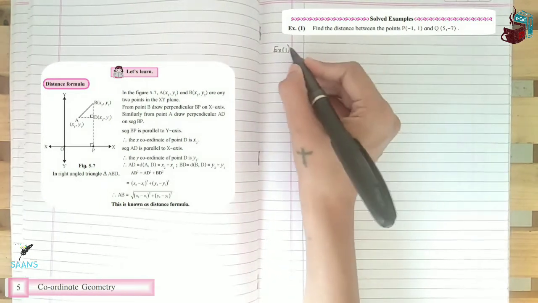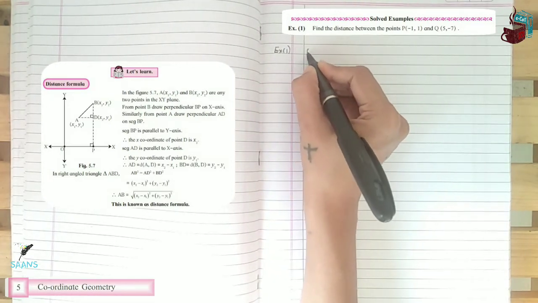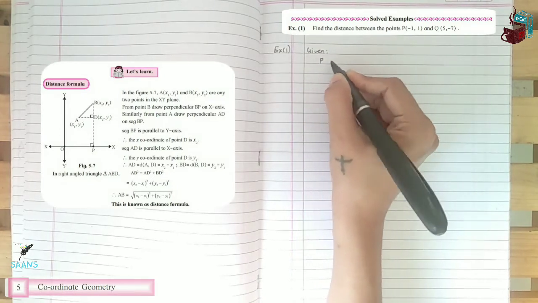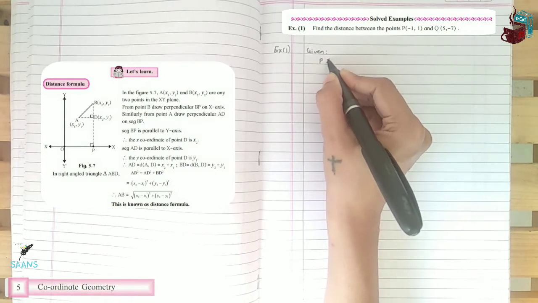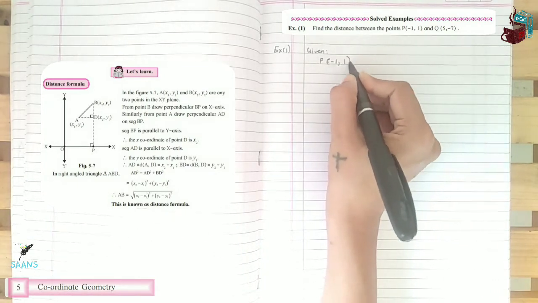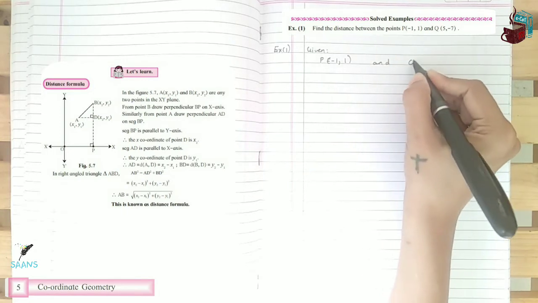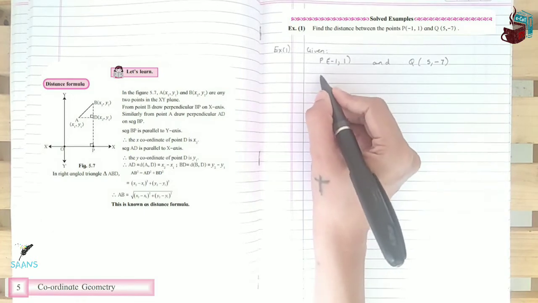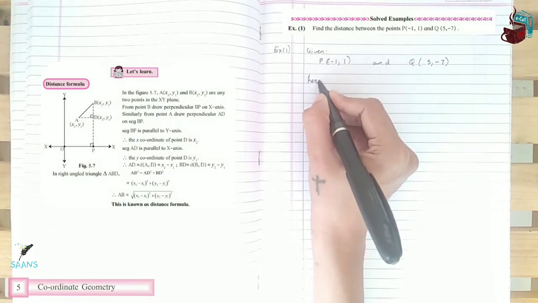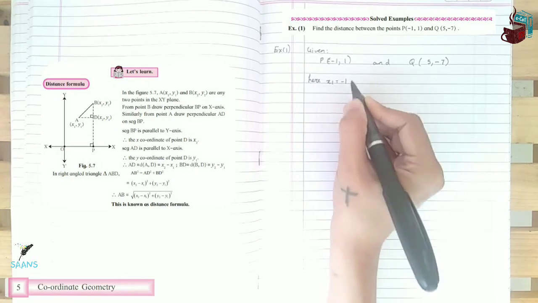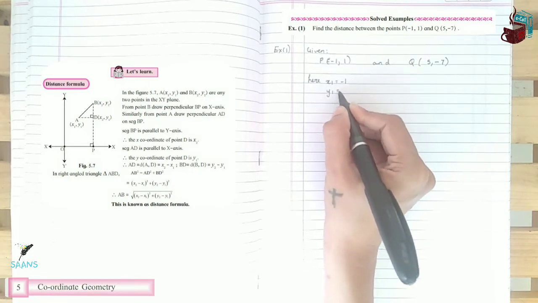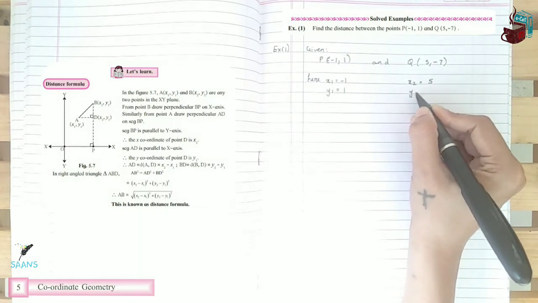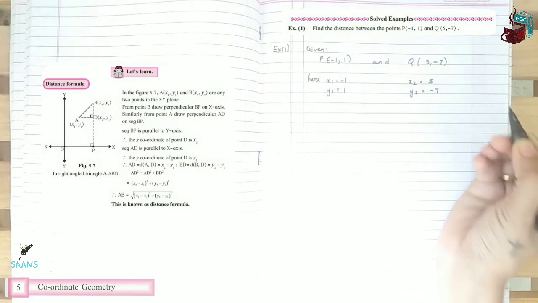So given, P is minus 1, 1 and Q is 5, minus 7. Q is represented by, so here x1 is equal to minus 1, y1 is equal to 1, x2 is equal to 5, y2 is equal to minus 7.